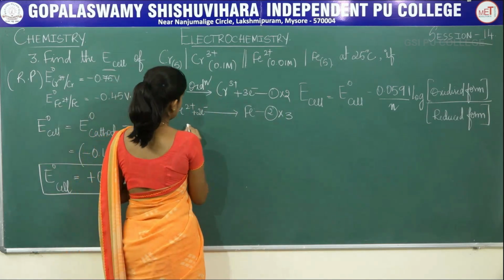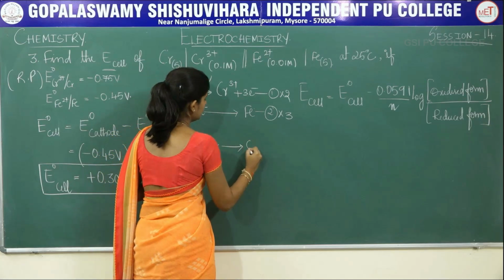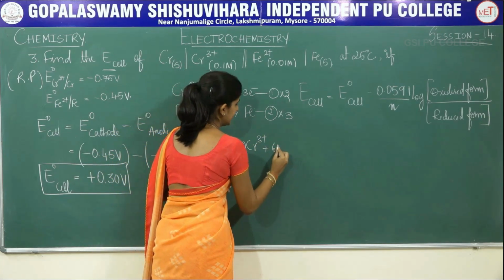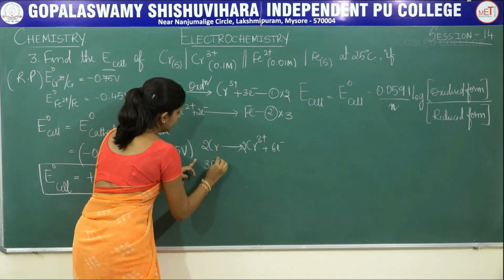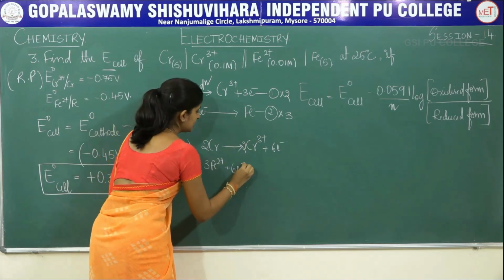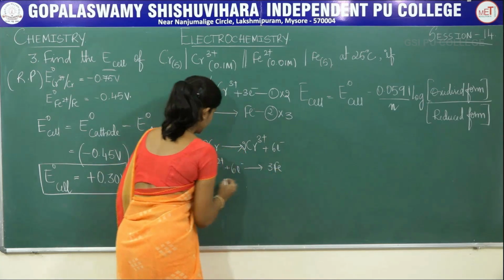As a result, I get 2 moles of chromium giving rise to 2 moles of chromium 3 plus plus 6 electrons, and 3 moles of iron 2 plus plus 3 twos are 6 electrons giving rise to 3 moles of iron.